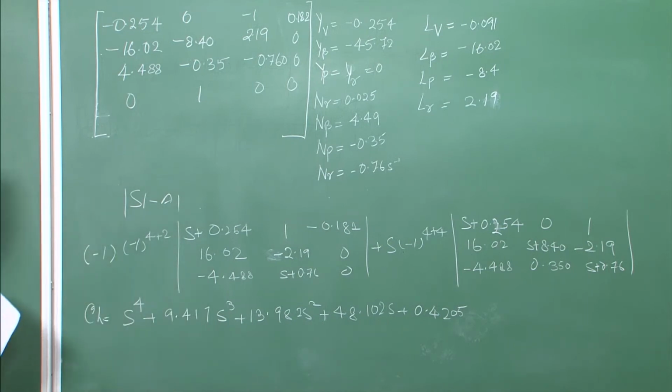So this is the final characteristic equation for the given matrix. Now if you want to calculate the exact roots of this characteristic equation, we will use the Newton-Raphson method, which you have already seen.